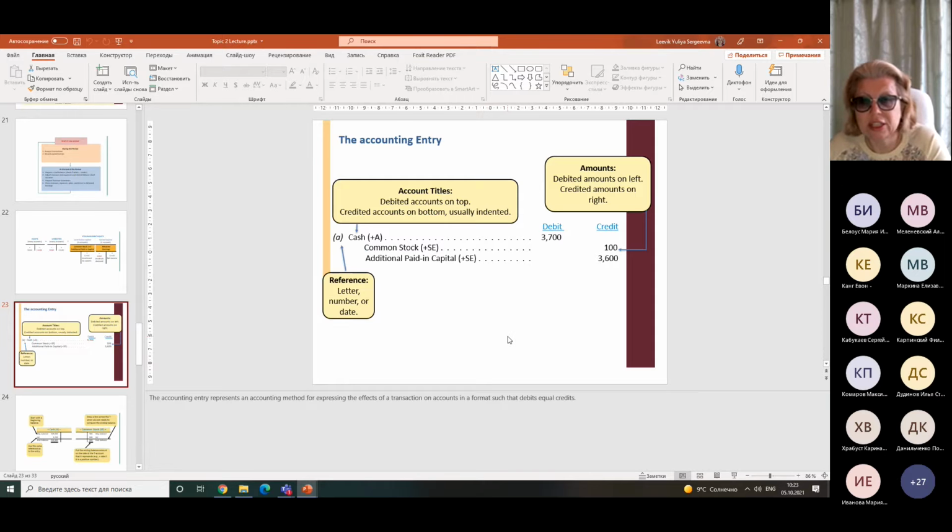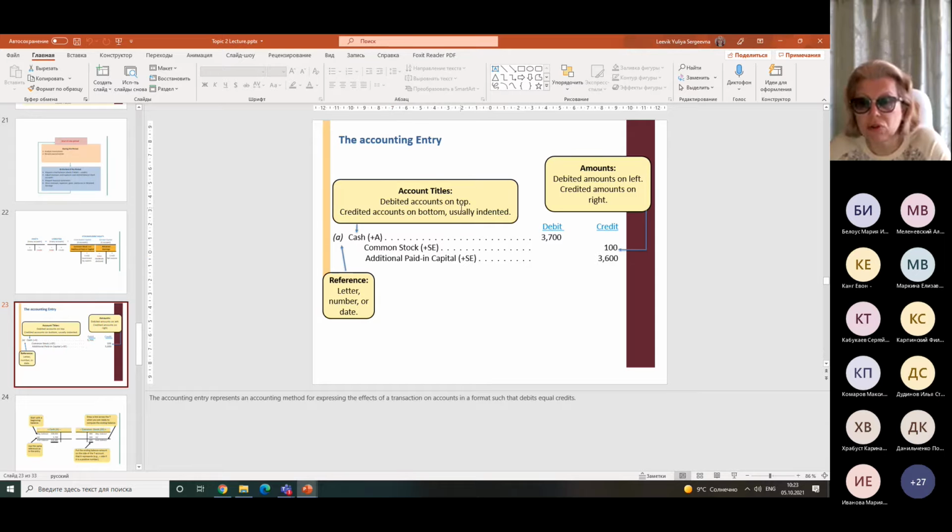Next moment to repeat the structure of accounting entry. Each accounting entry contains 3 components. First of all, reference, letter, or number, or date. Next and main component, this is the correspondence of accounts. So debit accounts and credit accounts.